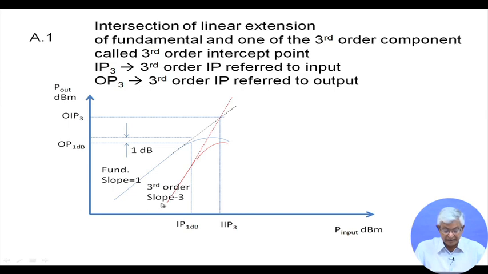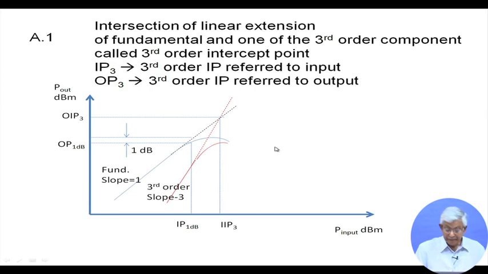But since it gets generated much later, if the projection of this third order component is linearly projected upward, it intersects the fundamental at some point, which is called the third order intercept point. Obviously, since this third order component generates much later, even if its slope is higher, this intercept point is much higher than the 1 dB compression point.